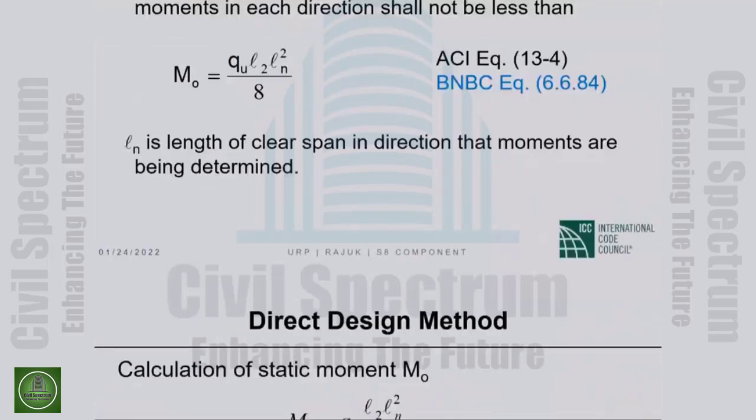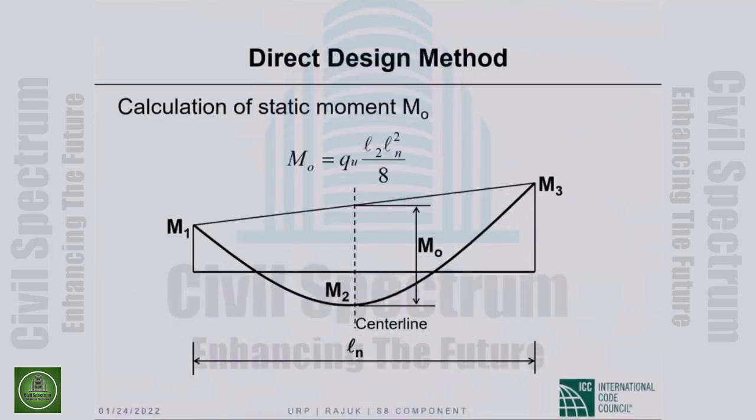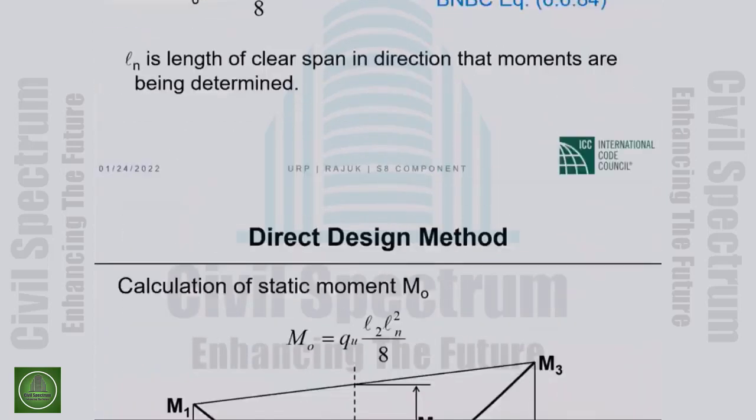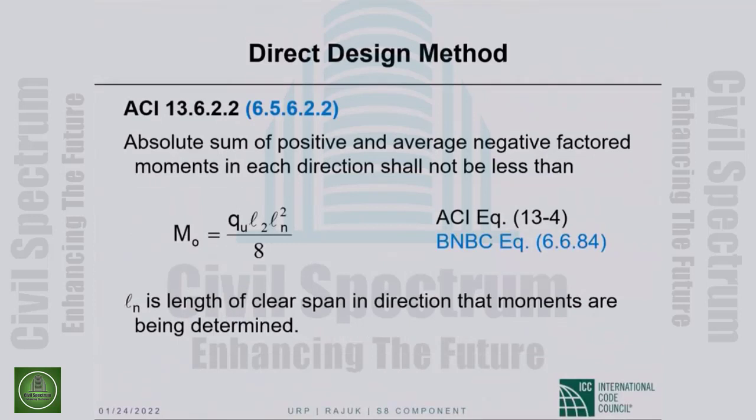Q sub U is the load on the slab, in pounds per square foot, or whatever it would be in metric units.